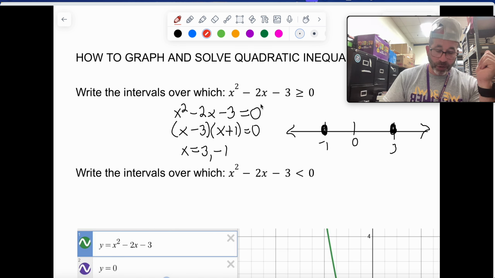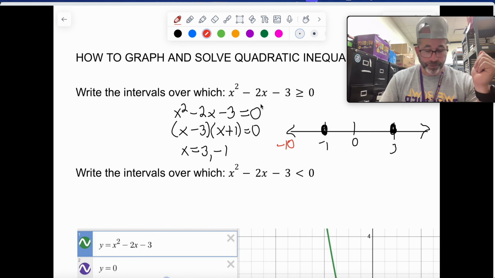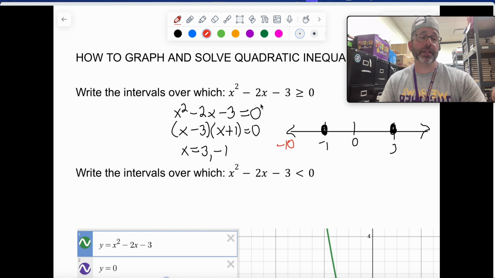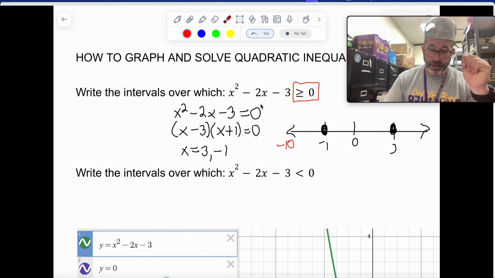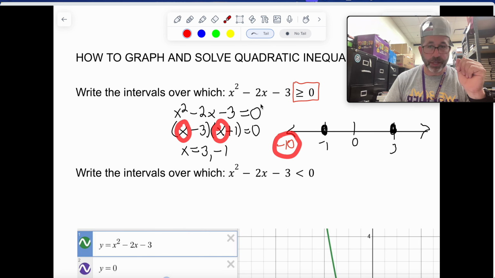So let's go ahead and test out negative 10. Now I don't care about the exact number. I just want to know, is the value greater than 0, equal to 0, or less than 0? If it's a positive or a negative. So let's put that negative 10 in for x in these two spots.